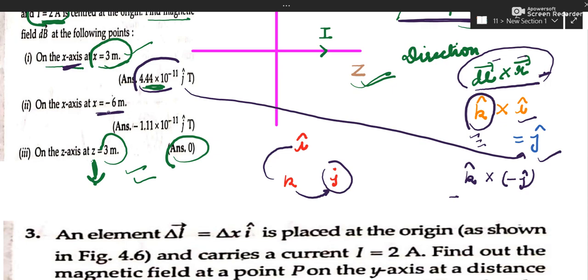X-axis means I, so we will write here I. Okay, now K cross I, you have to see, K cross I will be J, so minus is here, so it is minus J, and you can see here it is minus and then J. So this is how you can do these numericals.